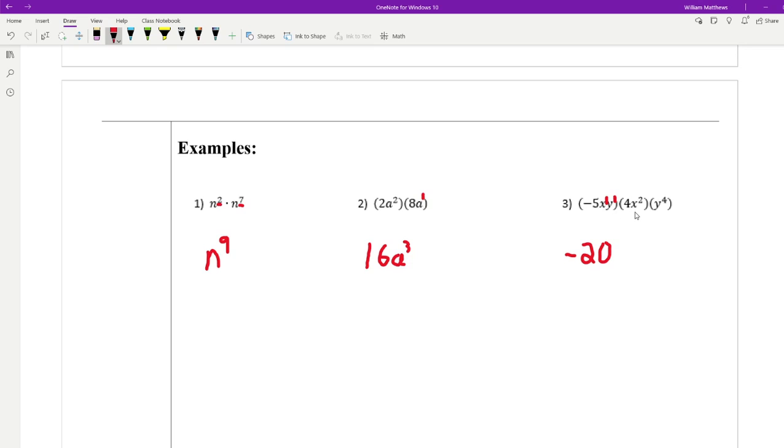When multiplying my x terms, I'm simply adding the exponents. X to the power of 1 times x to the power of 2 becomes x cubed, or x to the power of 3. Our y to the power of 1 times y to the power of 4. Add the exponents together, and we get y to the power of 5.